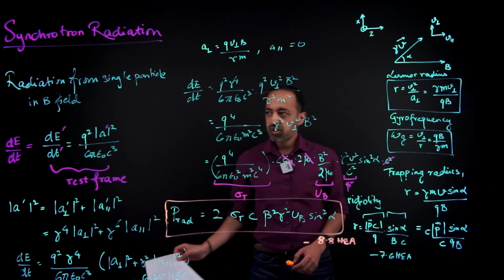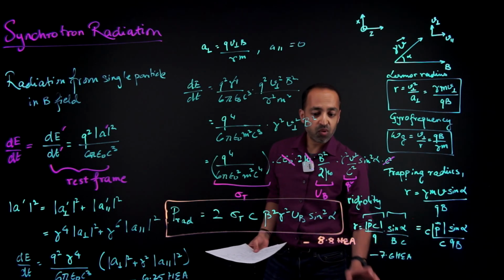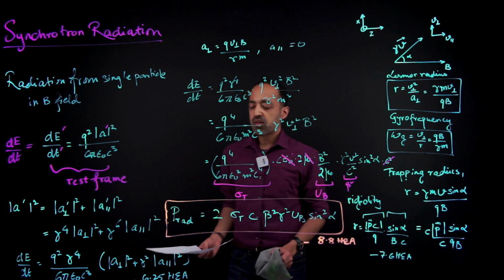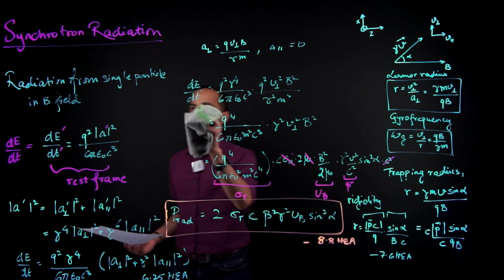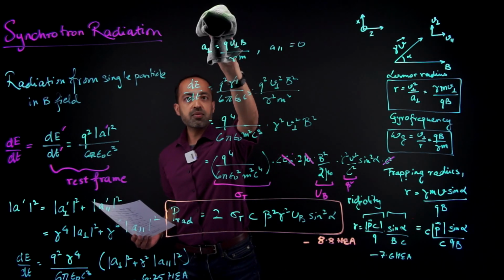Now, there's another form of this formula that is often used, perhaps more frequently than this formula. So I'm just going to describe that in a second. Let us take out this top bit.